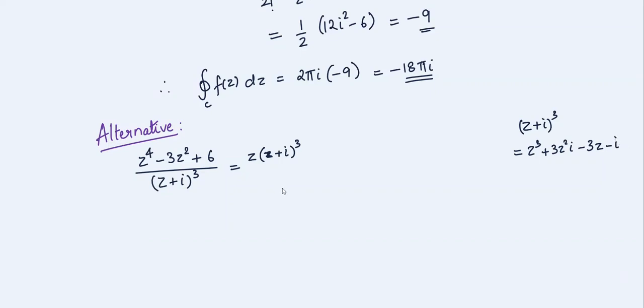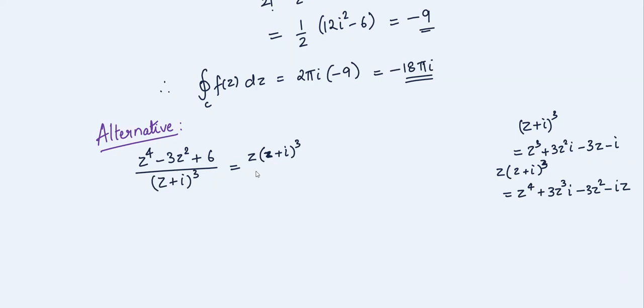Plus i cube is minus i. So this will be z power 4 plus 3z square, z power 4 plus 3z cube i minus 3z square minus i times z.